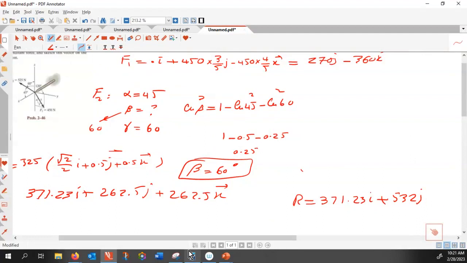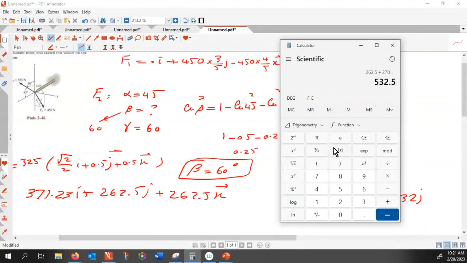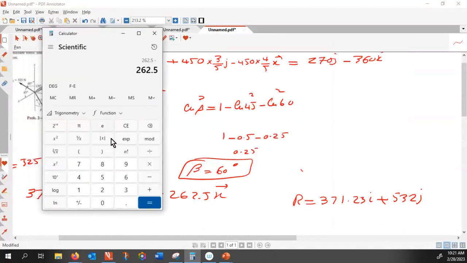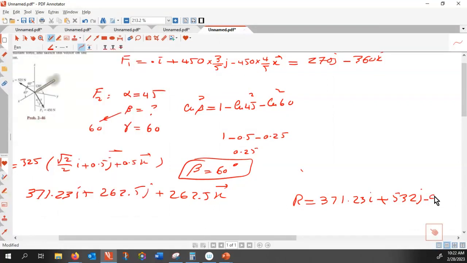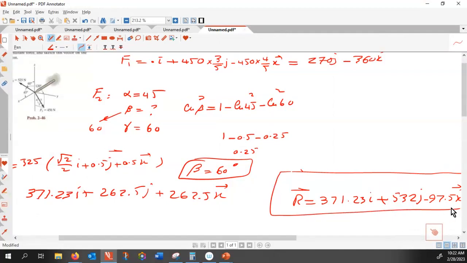And finally, that is minus 97.5. So that is the resultant vector.